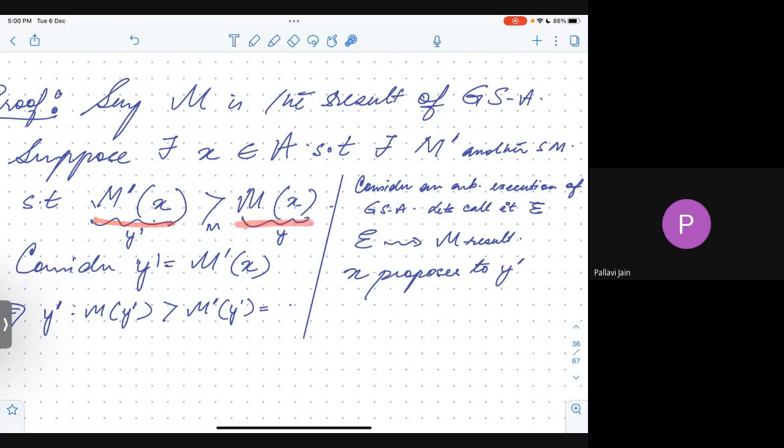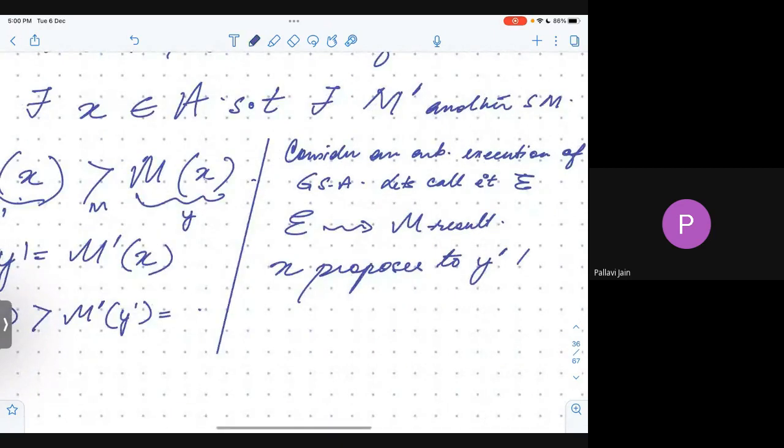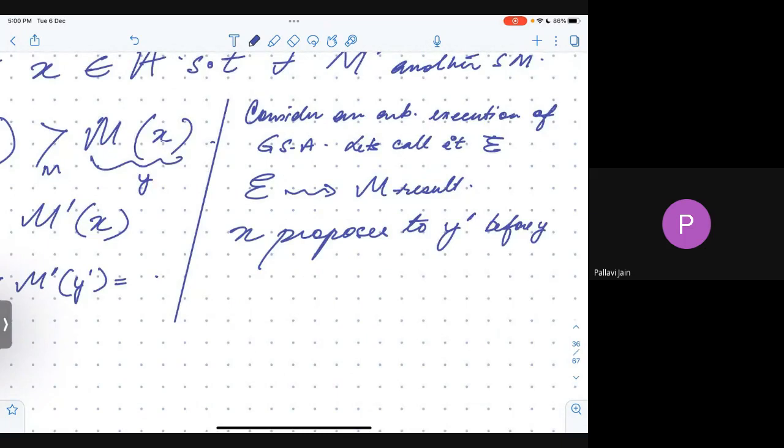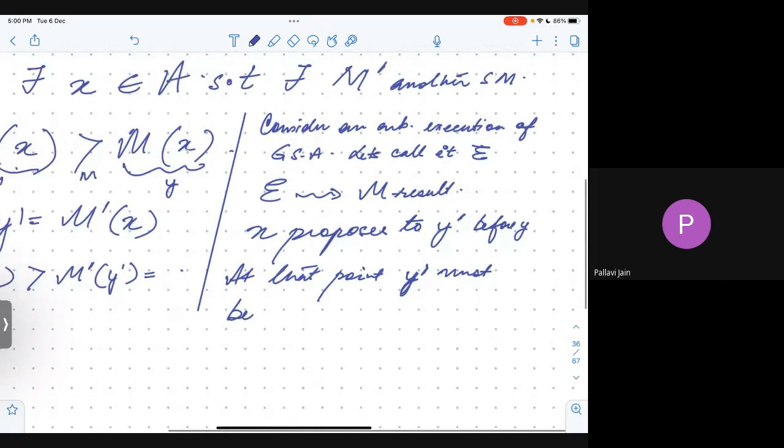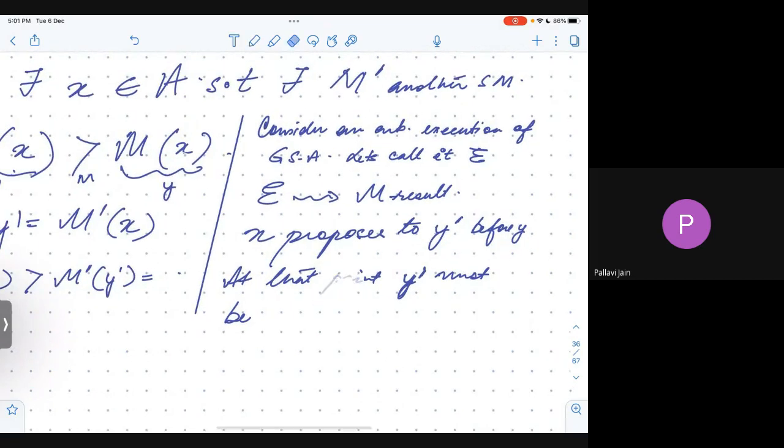Because that's how Gale-Shapley works. At that point, or at a subsequent time step, Y prime must have rejected X because she got a strictly better proposal, right? Must not at that point.